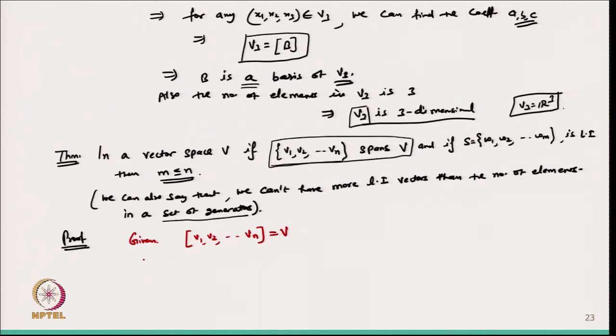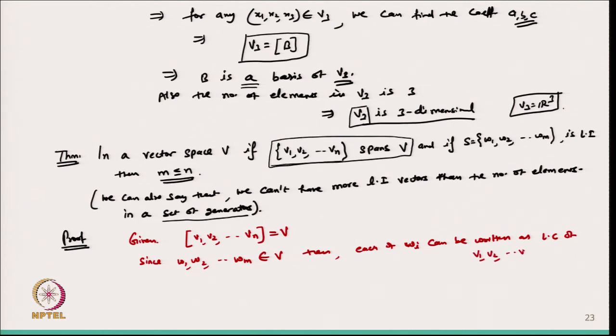Now, since W1, W2 up to Wm also belong to V, I can write that each Wi can be written as a linear combination of V1, V2 up to Vn.